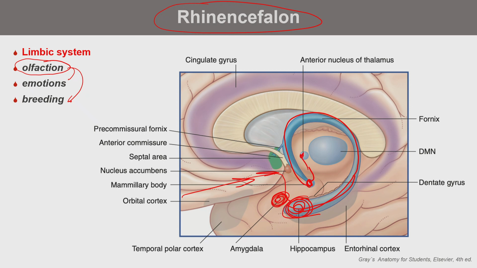And then when you look at those structures, what is very close to it? Very close in the midline or around the midline is the hypothalamus, and in the hypothalamus, or both parts of the hypothalamus, left or right, we have the production of hormones.